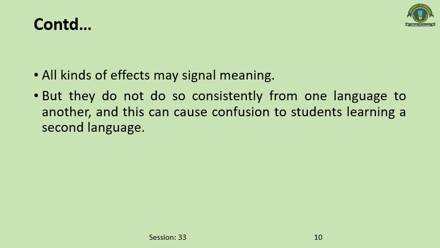If there are effects and they may signal meaning, remember that they do not do so consistently from one language to another. And this can cause confusion to students learning a second language or foreign language.